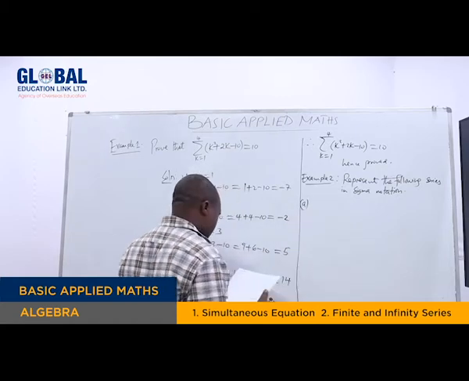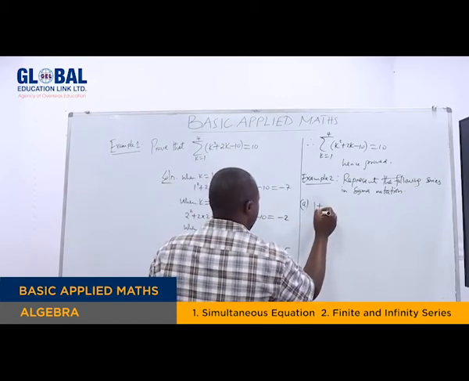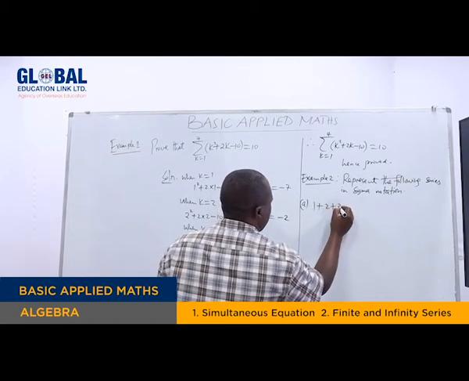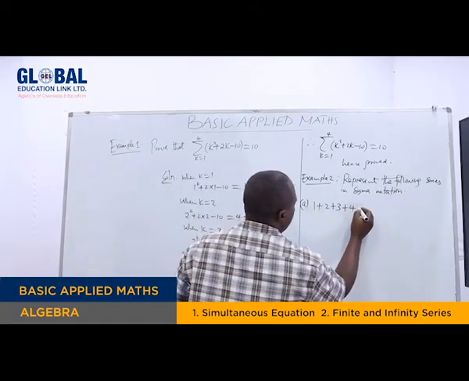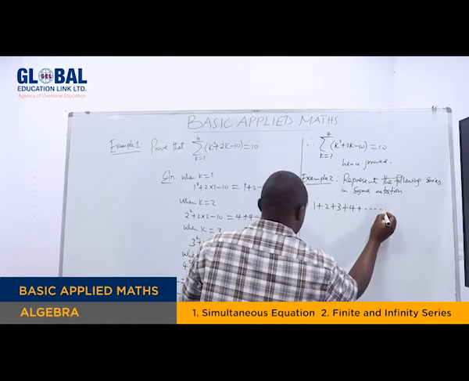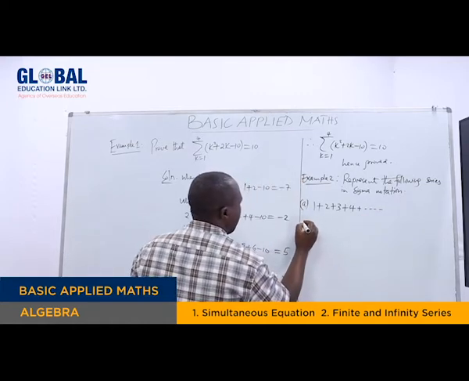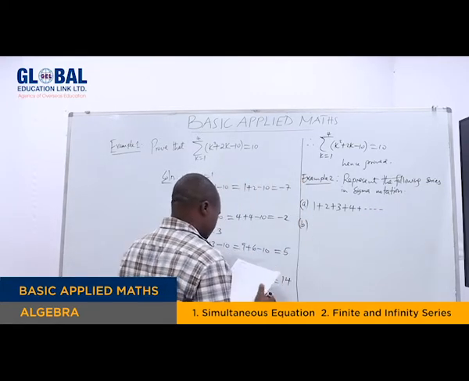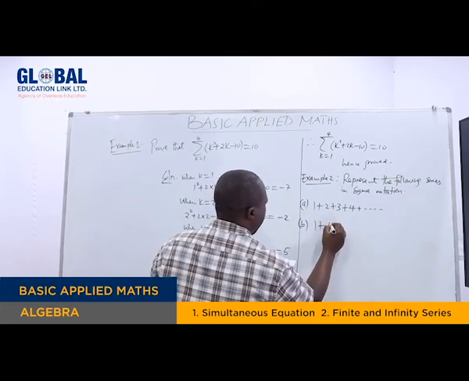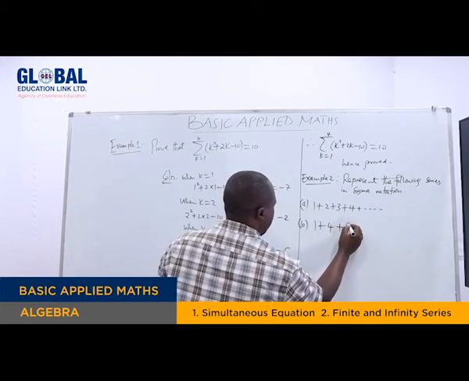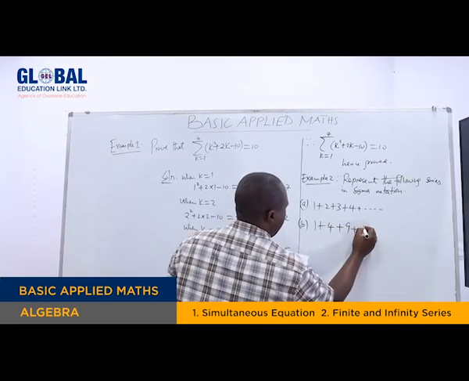That is, we have A, of course we have 1 plus 2 plus 3 plus 4, of course this one proceeds to infinity. And of course we have B, we have 1 plus 4 plus 9 plus 16.